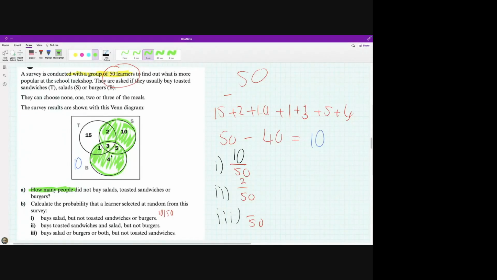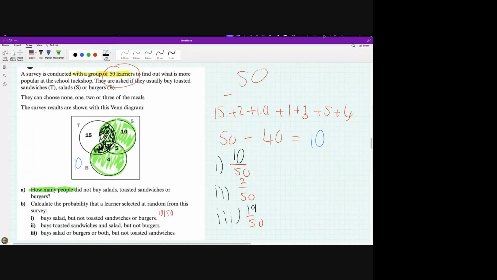Who do I have to kick out here? I'm afraid you are not allowed to be in the toasted sandwich circle. You are not allowed to also buy toasted sandwiches. So I'm crossing that out. What is my answer going to be for this last one? Okay, it's going to be 19 out of 50.